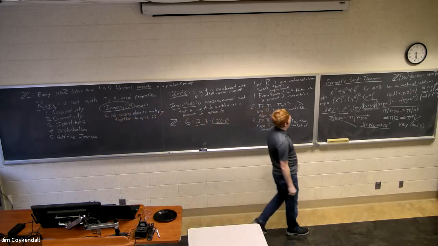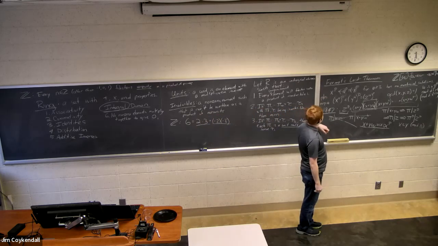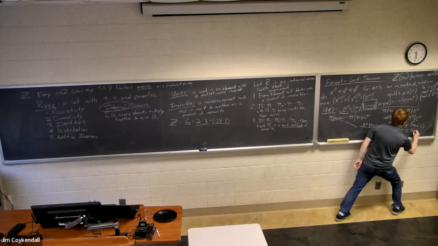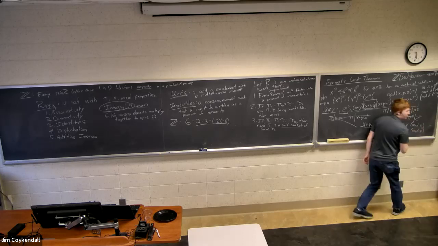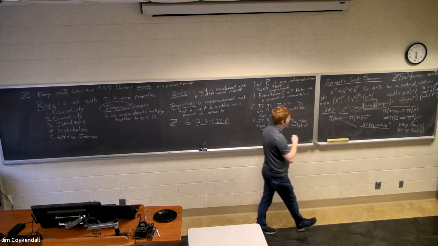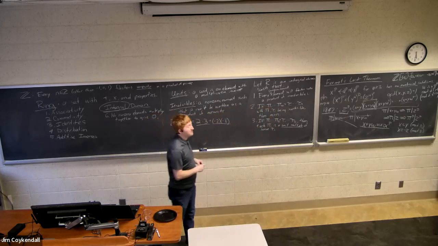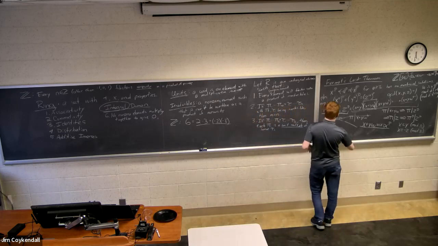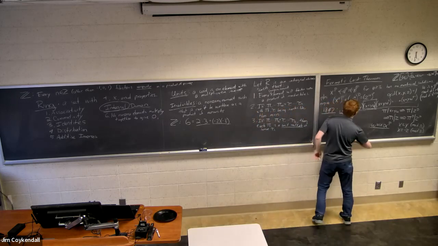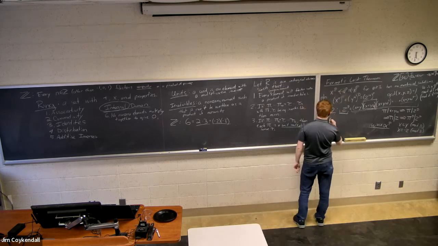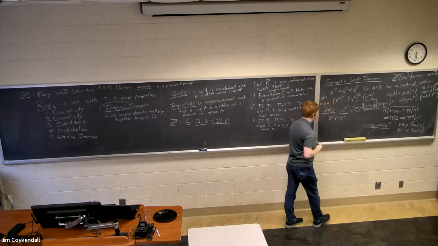Well, if that's true, then actually that should be true as well, right? z and x at negative z should also be congruent mod p. We'll check out this trick. So we can write this equation, x to the p plus y to the p equals z to the p.